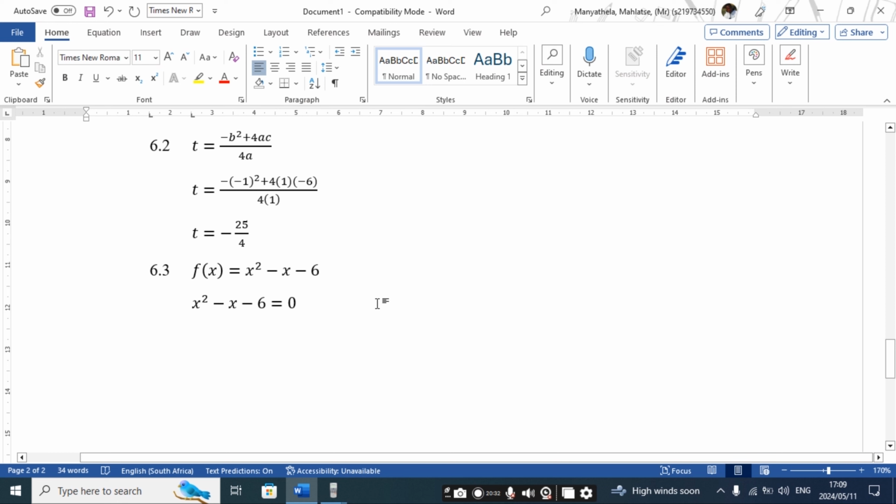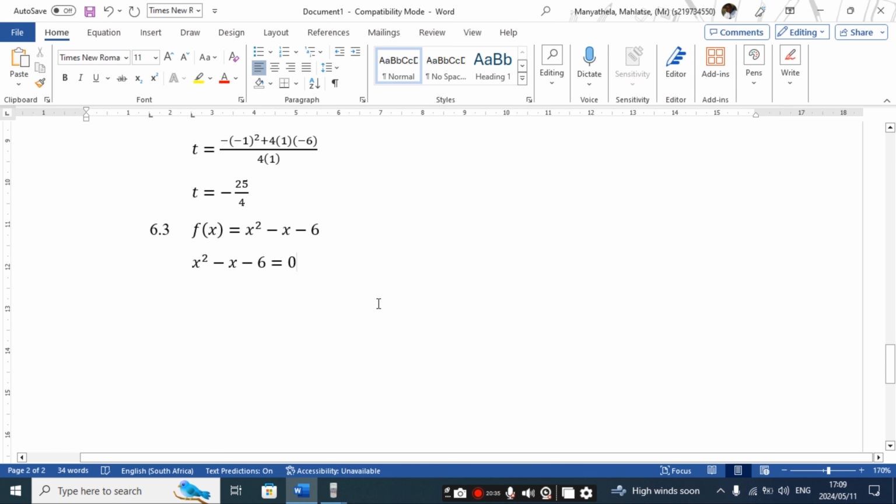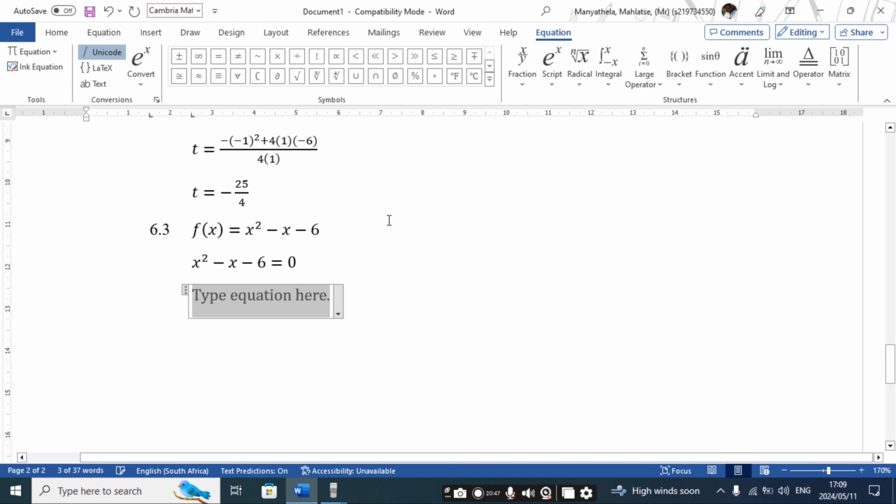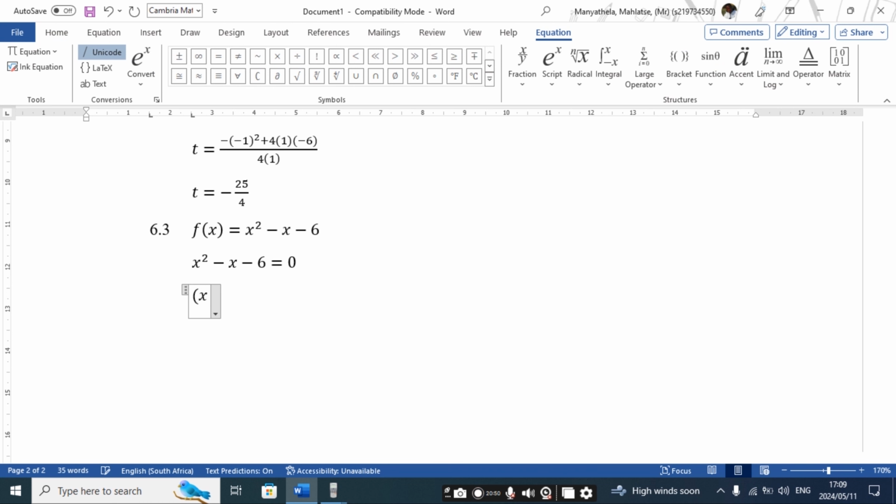Then let me look for the factors of 6 which, when I add them up, must give me the middle term. So looking at it, I have x plus 2 and x minus 3.